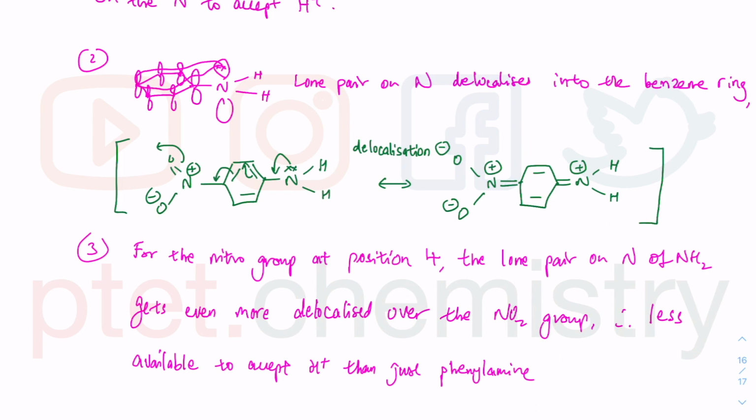They don't think about the effect of the NO2 group, which is more electron withdrawing, and therefore makes the lone pair on the nitrogen even more delocalized into the benzene ring via the NO2 group, and therefore it's less basic than just phenylamine, which delocalizes over the benzene ring only, whereas this moves it further into the nitro group there.